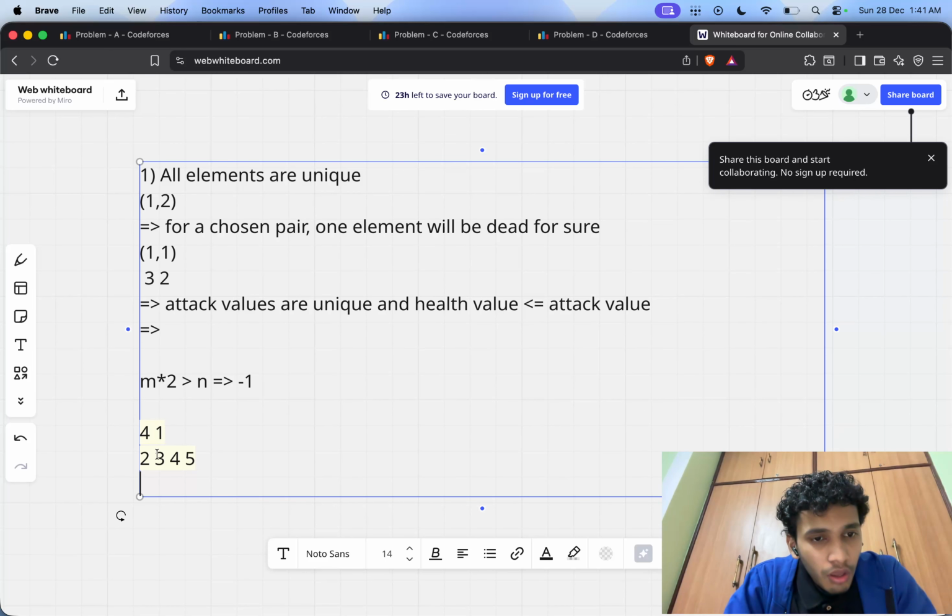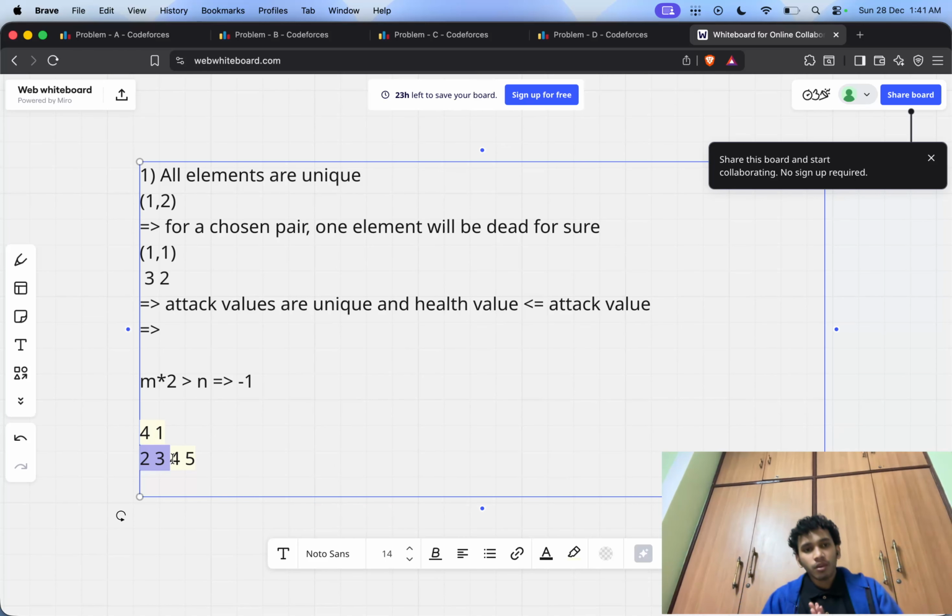Now, let's say we tell the very first two elements to fight, and we always want that the surviving element is the attacking element. Why? Because at the end we will be left over with some elements. Let's say we are remaining with m elements, what will be the restricting factor that will tell us that no, you cannot stop here, one more element needs to be dead right now?